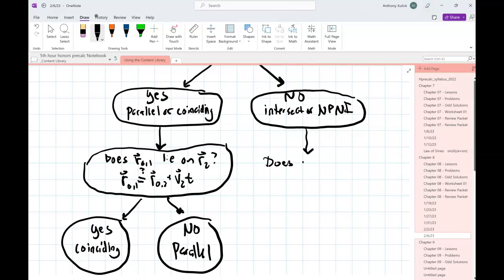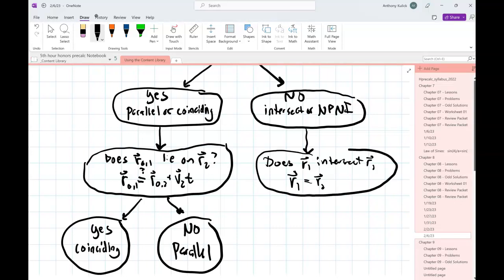So here we're going to check, does R1 intersect R2? To do that, we're just going to take R1, set it equal to R2, and we'll solve the resulting system.